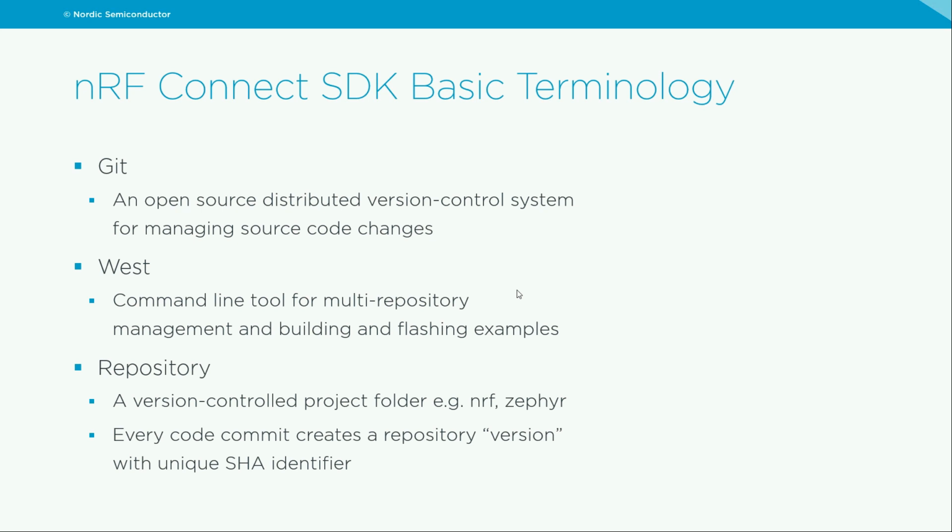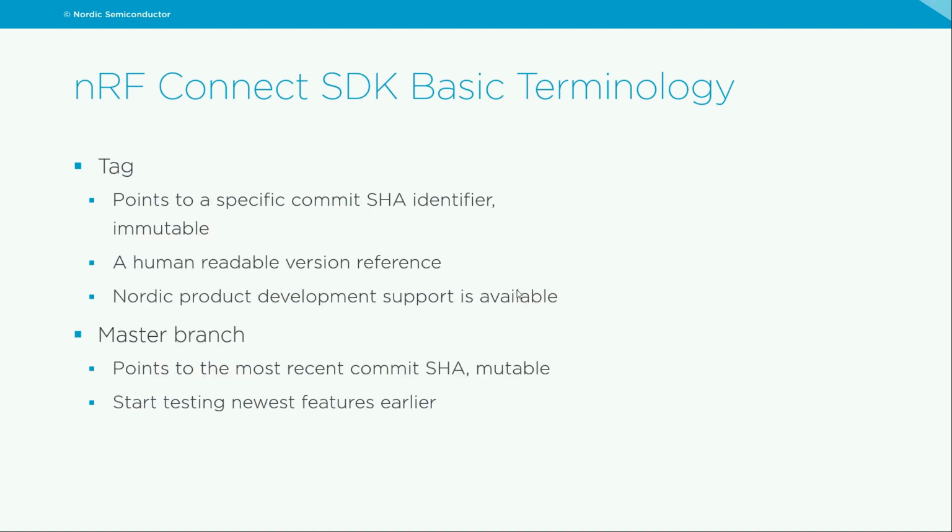Every code commit that a developer does creates a repository version with a unique SHA identifier. SHA stands for secure hash algorithm. It's basically just a long jumble of letters and numbers. A tag points to a specific commit SHA identifier that is immutable. The good thing about a tag is it is a human readable version reference.